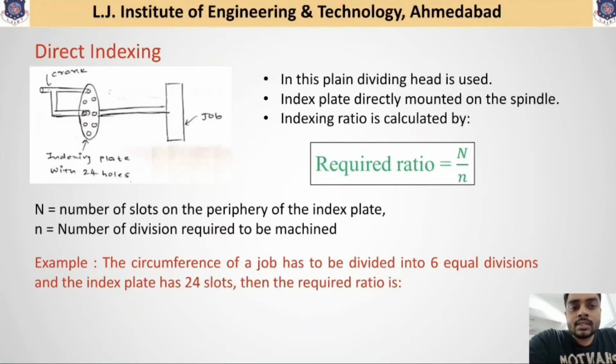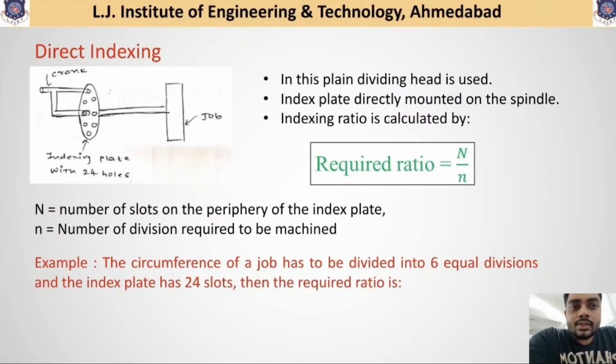As I have told you, for any numerical, first find the given data and then find what result is required. In this case, 6 equal divisions are required on the workpiece, and the index plate has 24 slots. So the required indexing ratio can be obtained using the above equation. Just try to solve it and then compare it here.